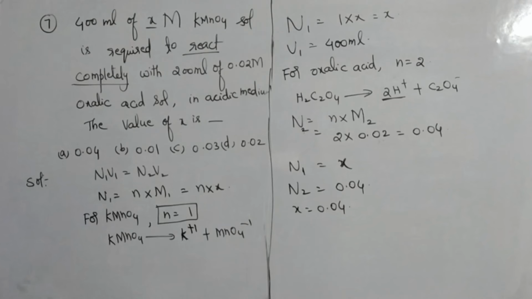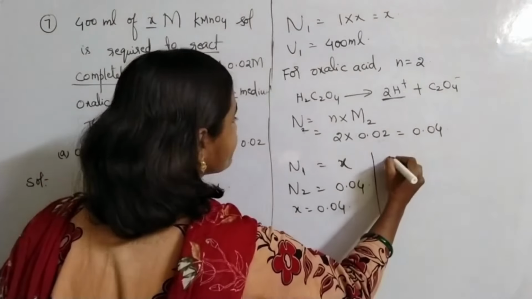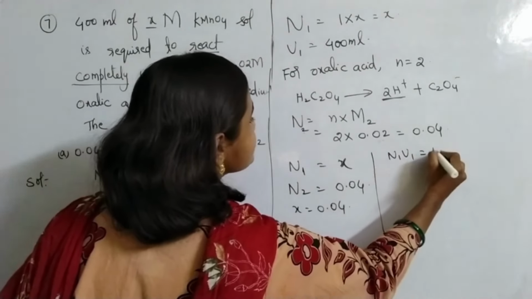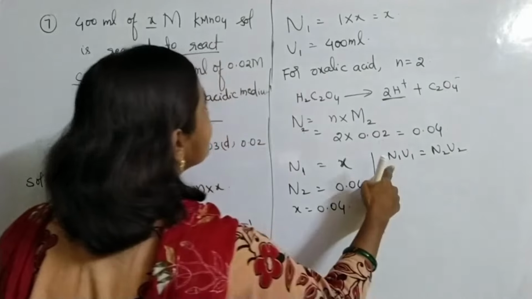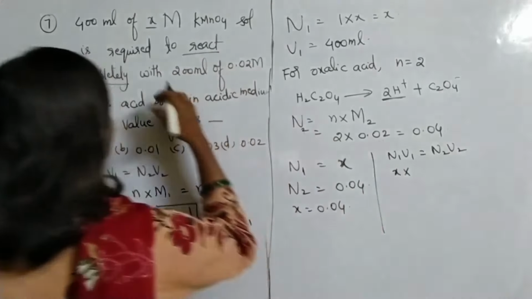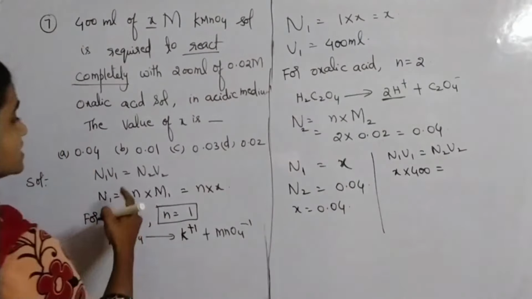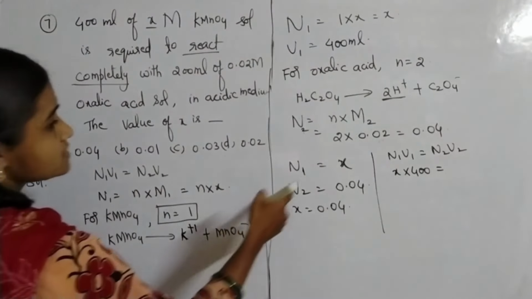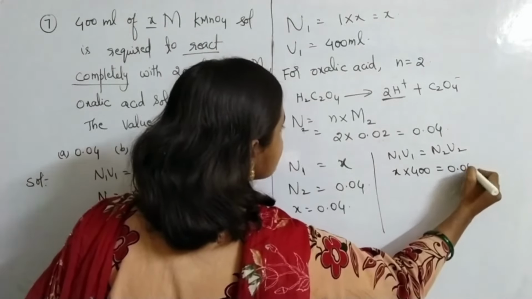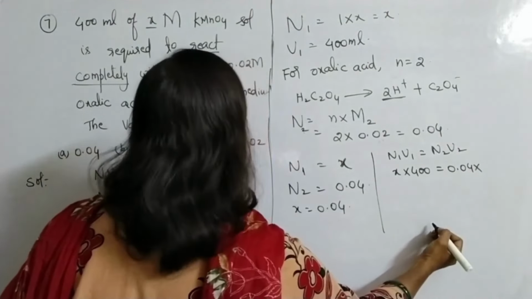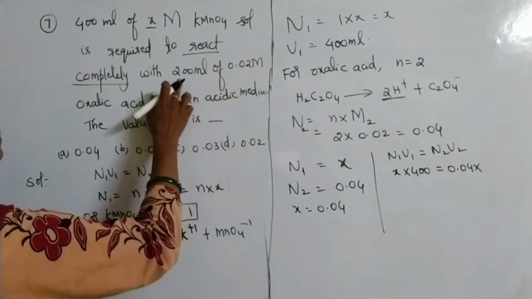Okay, volumes also you can use. n1 v1 is equal to n2 v2 if you do. n1 is x, into v1 is 400, is equal to n2, how much we got? 0.04, into v2 is how much? 200 ml.